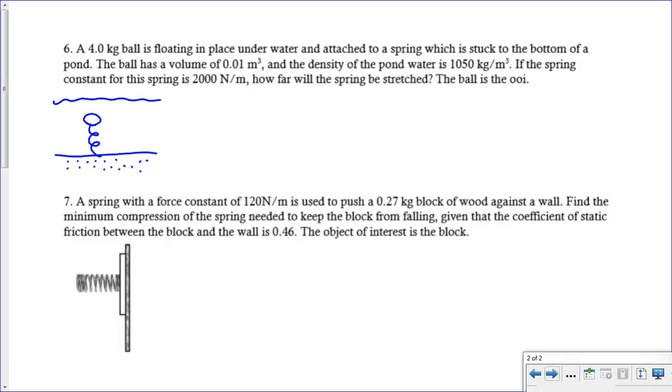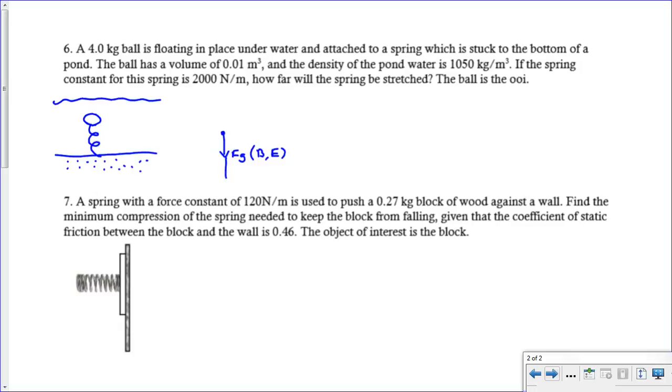And so the ball is being pushed up by the buoyant force. The spring is pulling the ball down. Gravity, even underwater, is still having an effect, so gravity is also pulling it down. So the forces that we have on here: we have Fg on the ball by the Earth.